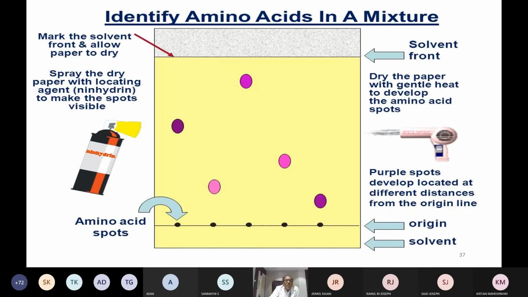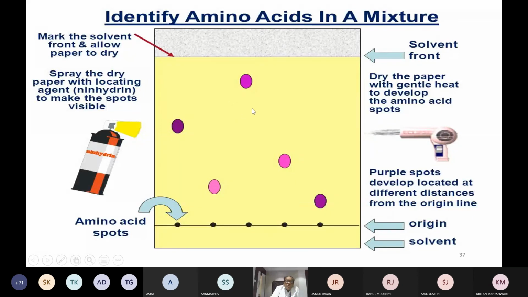So you can see here, the amino acid spots are put, and the solvent is water. This is called the origin place, and the movement of the solvent will be up to this part, and along with the movement of the solvent, the amino acids will also be moving.